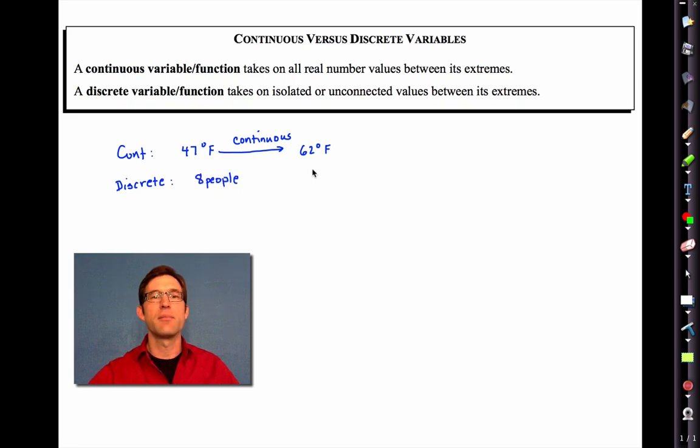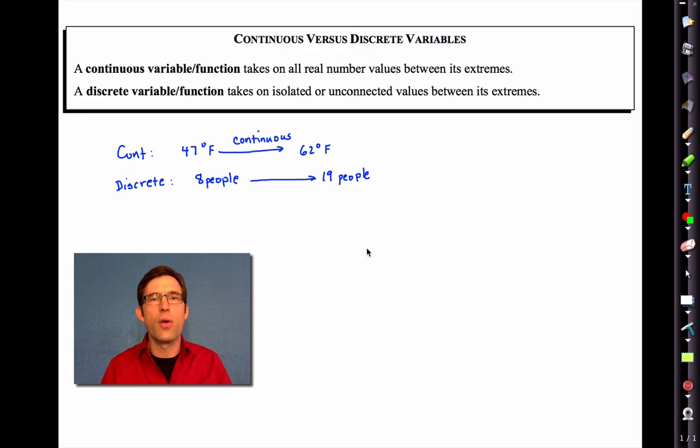Then sometime later, you counted and there were 19 people. You certainly don't have to go from 8 people to 19 people by hitting every real number in between. You'll never have 9.2 people. You'll never have 15.7 people. That's discrete. Discrete variables or functions take on values that are isolated.